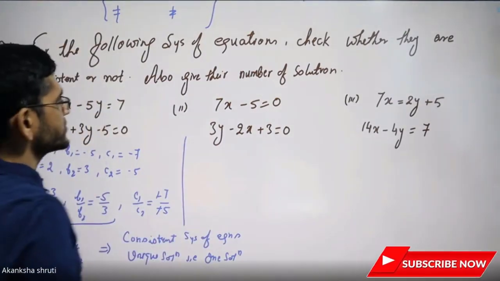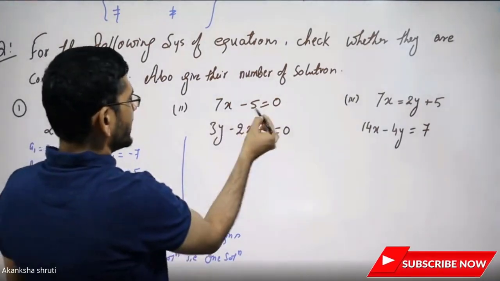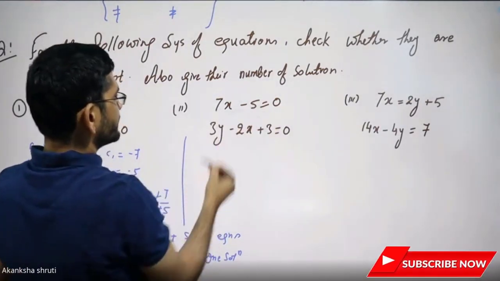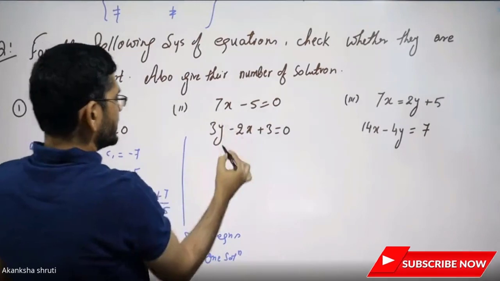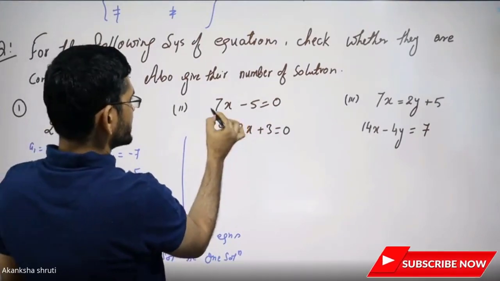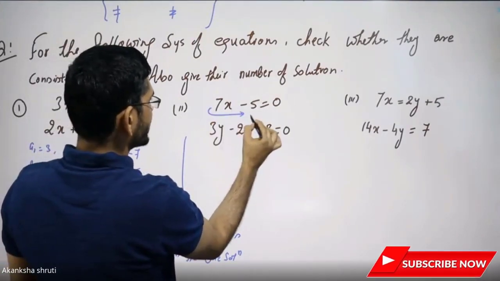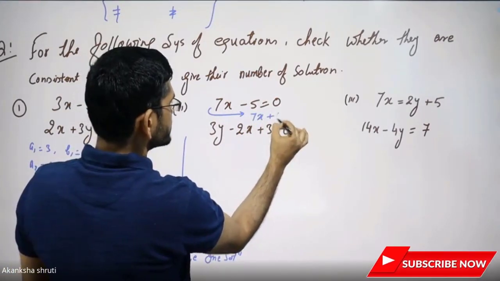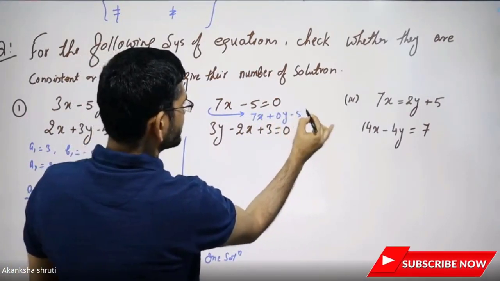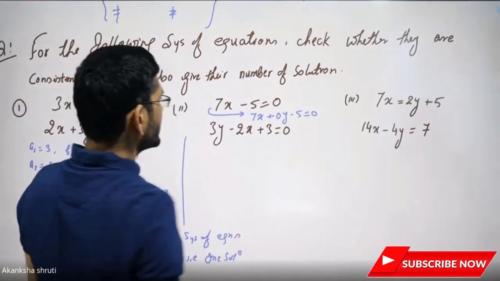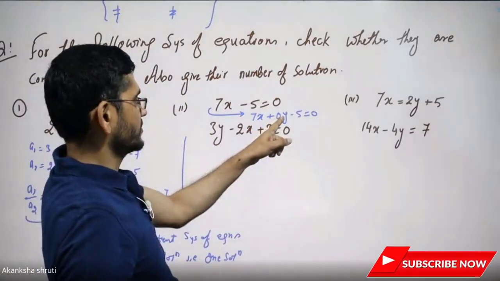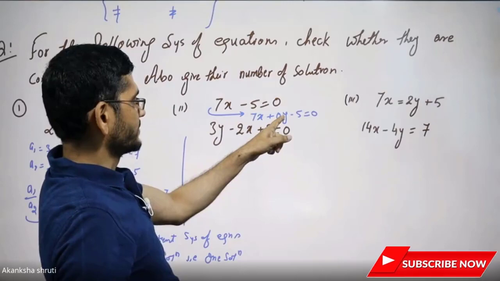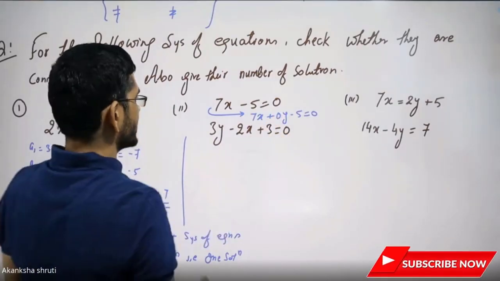Student, again write the coefficients from this first equation. Here from the first equation we are observing that y is missing. It simply means 7x plus 0y minus 5 equals 0. Wherever a variable is missing, its coefficient has to be taken as 0.